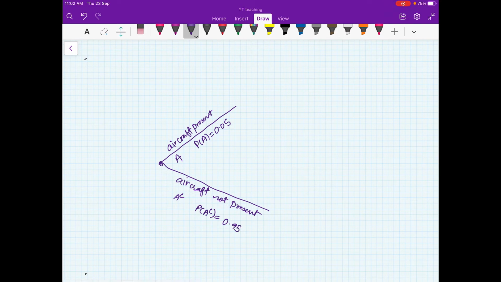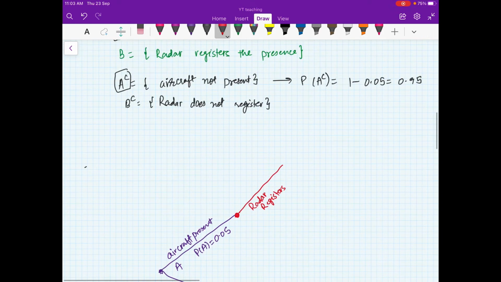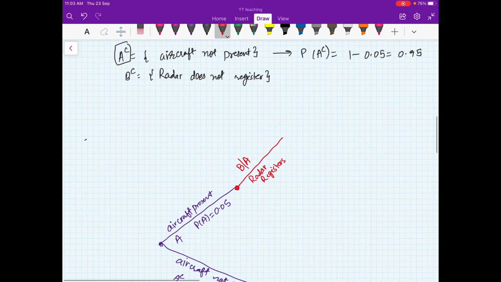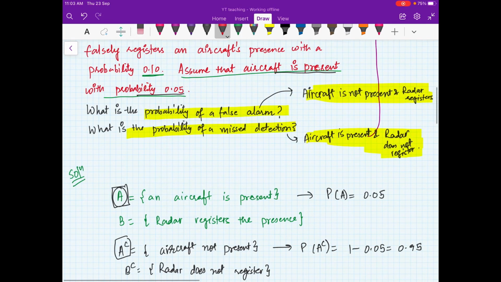which is the event A complement, and its probability is 0.95. Right? Okay. Then further you can have aircraft is present. Then you have radar registers. Okay. So it means that this is the event B given A. So when aircraft is present and radar registers its presence, what is the probability?